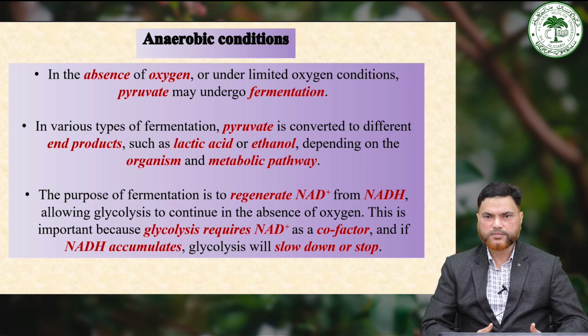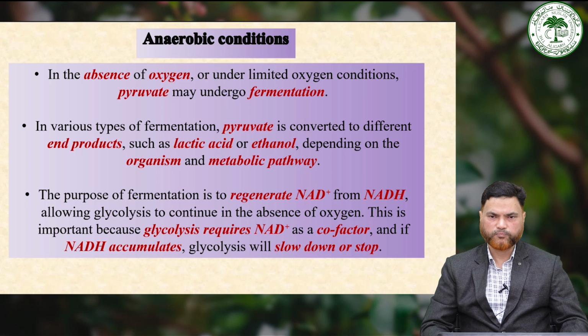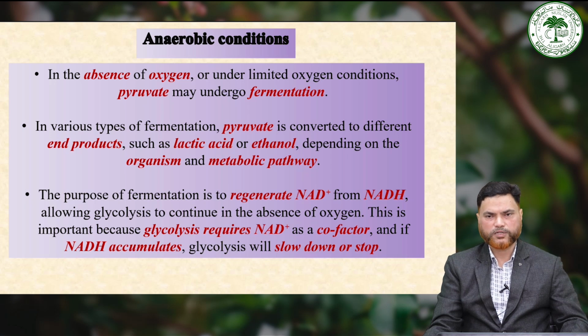Now, what happens under anaerobic conditions? Under anaerobic conditions, or where there is limited access to oxygen, pyruvate has to undergo fermentation. Different organisms and metabolic pathways can lead to the conversion of pyruvate into various end products such as lactic acid or ethanol through the process of fermentation.